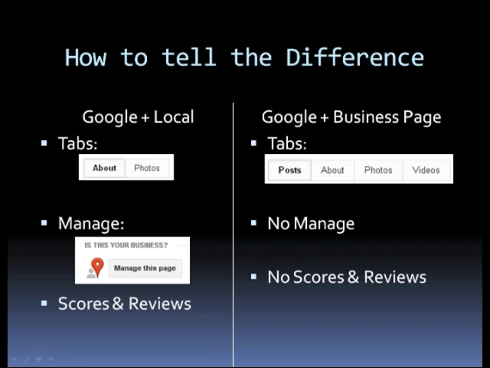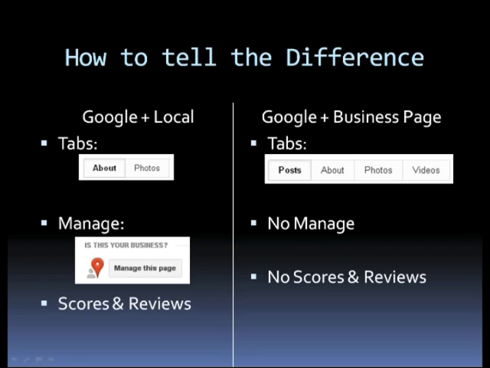If you see Zagat scores, if you see other people posting reviews, it's a Google Plus local page. If you don't see the reviews, you don't see the scores, you don't see the little call out that says manage, or if there's 4 of those tabs, posts, about, photos, videos, that's a Google Plus business page.